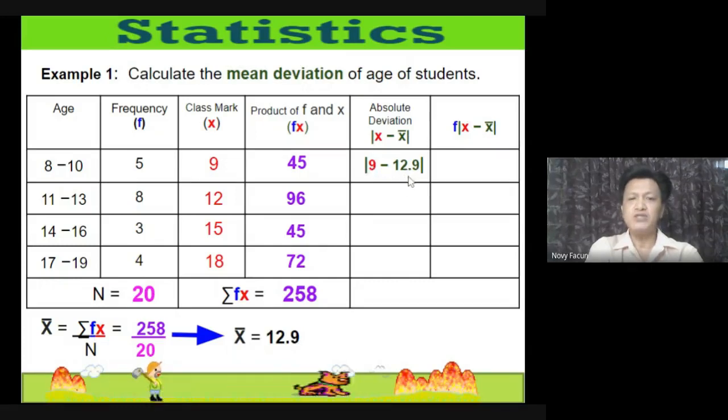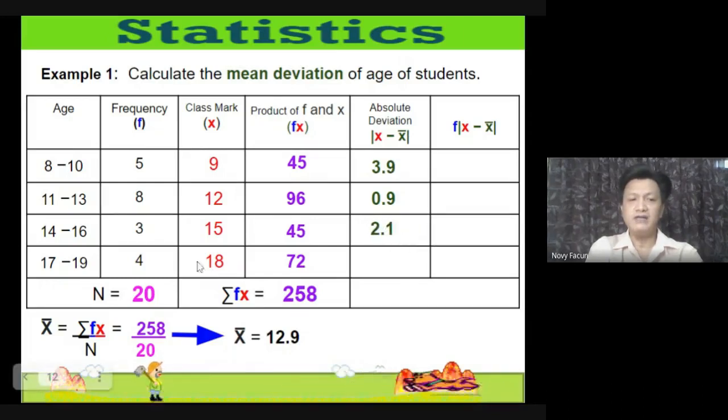Kaya nga 9 minus 12.9, that will become 3.9. And next naman natin, 12 minus yung ating mean na 12.9, that will become positive 0.9. And next, we have the 15 minus 12.9, that will become 2.1. And 18 minus 12.9, that is our answer, 5.1.